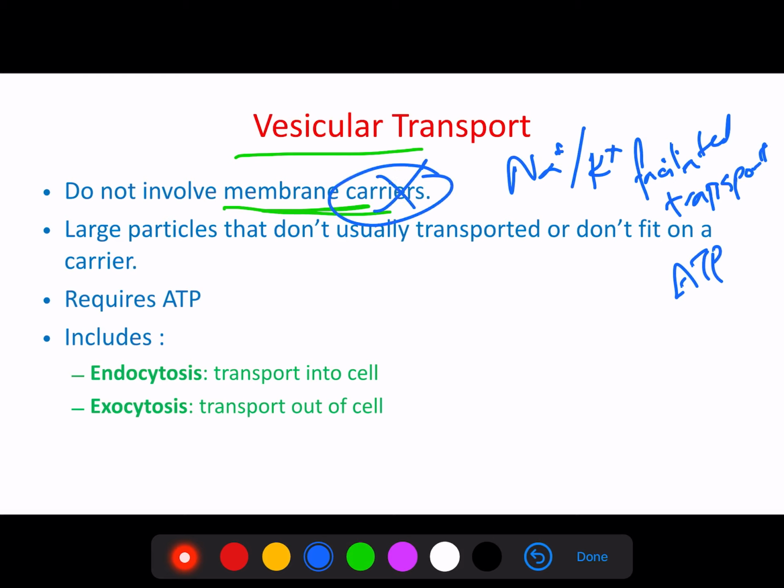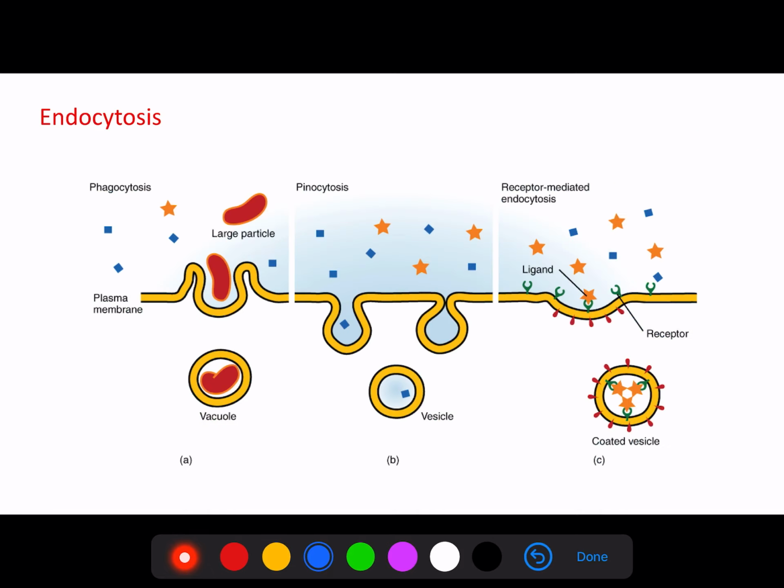What happens? Usually it's part of the plasma membrane. Remember, vesicular transport is an active transport, it uses ATP. And we have two types, endocytosis and exocytosis. Endocytosis means bringing particles in. So this is the desired particle. Part of the plasma membrane would go around it, will engulf it, and take it inside.